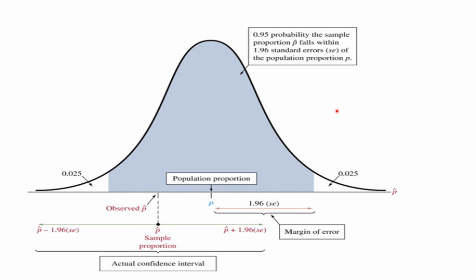The theoretical confidence interval is represented by the blue shaded area. The p is the population proportion, and this length is defined as the margin of error.